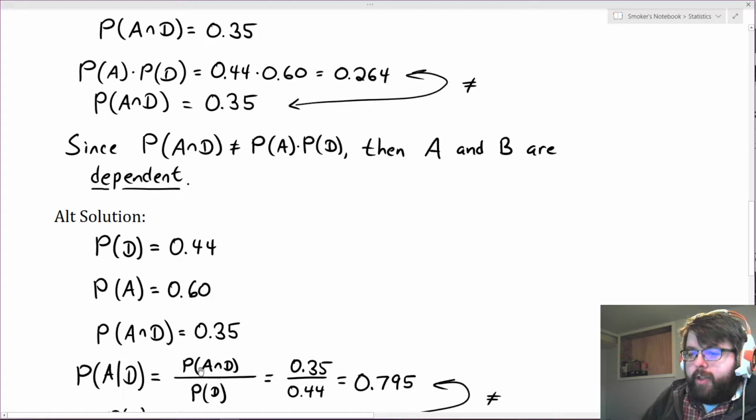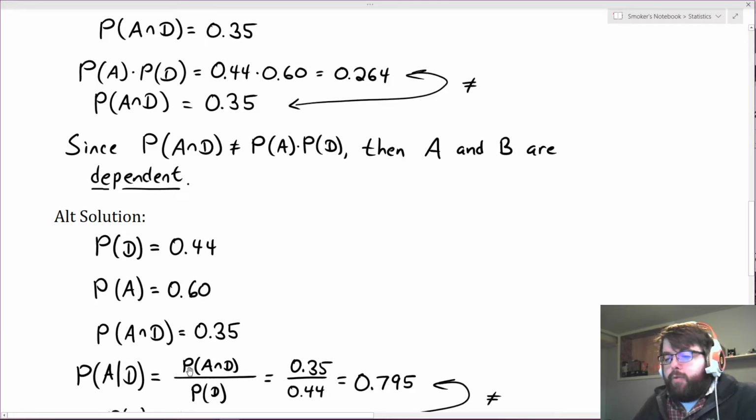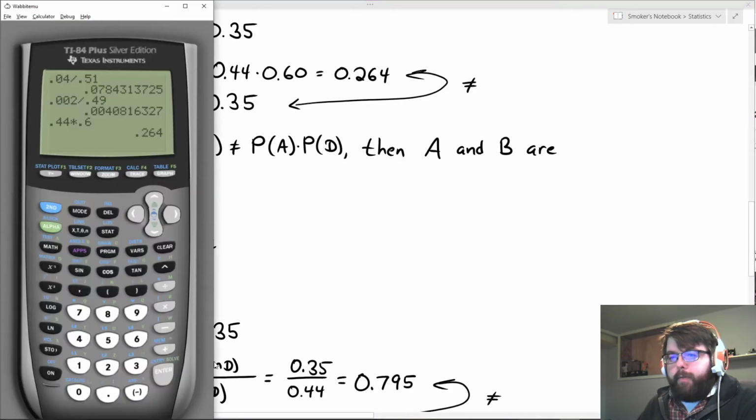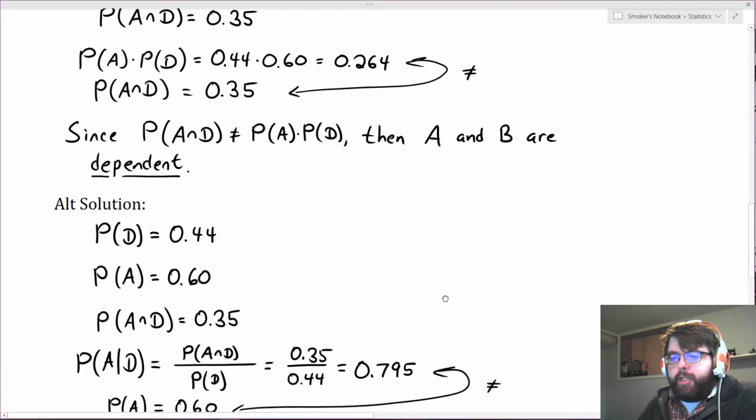Okay. The intersection of A and D is 0.35. We're going to divide that by the probability of D using the given formula that we learned in the last chapter. This is the formula for the probability of A given D: it's equal to the probability of the intersection of A and D over the probability of D. So 0.35 divided by 0.44, which is almost 80% chance.